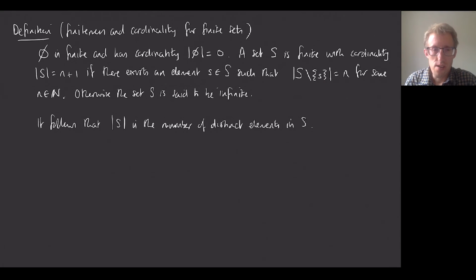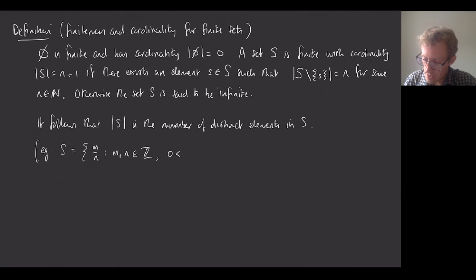Maybe I'll just give you an example when it's not so totally obvious how many elements there are in a set. Let's suppose that we take a subset of the rational numbers. So let S be a set composed of elements m over n, where m and n are integers. That would just be the set of rational numbers. But let's suppose that we restrict m and n.